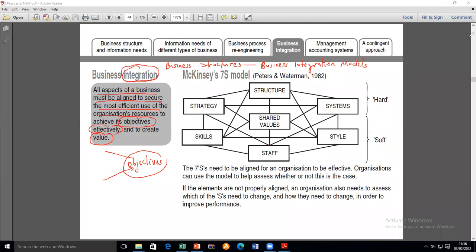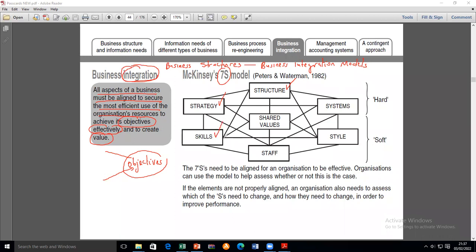Well, we use a model such as the 7S model, this model here. This model helps us to identify specific components for an organization. And these include, one, the structure itself. We've got the strategy, the roadmap of where we are going.